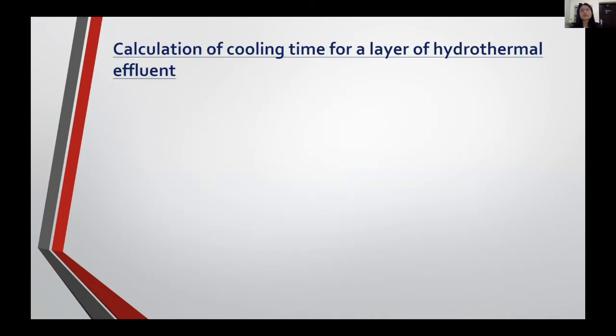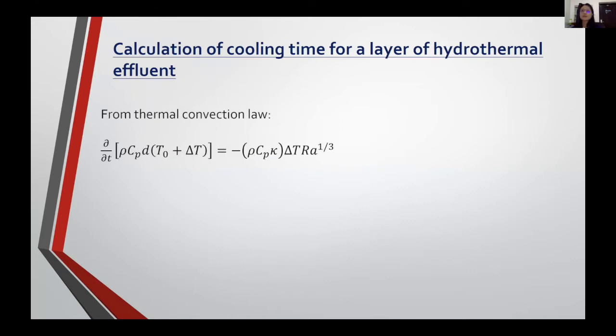Then we try to calculate the cooling time of a stable hydrothermal layer to ensure whether it is sufficient for formation of dolomite. The Moore convection law was used to calculate the cooling time scale of influent in a thickness of 20 to 40 meters and at a temperature of 200 degrees that deposit the dolomitic laminae and bundles.